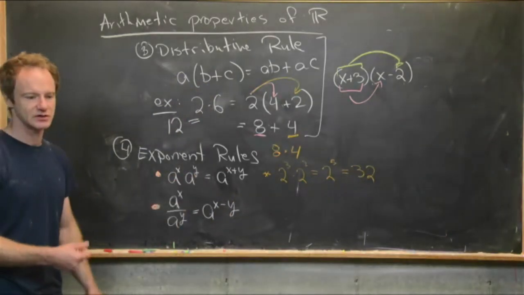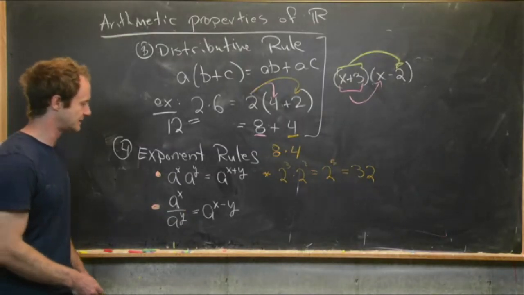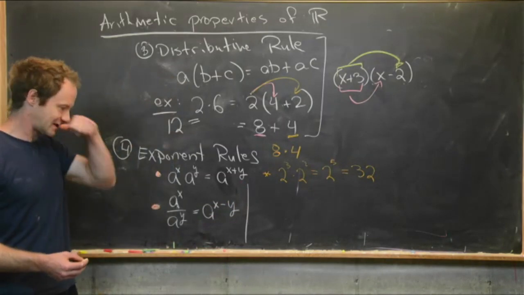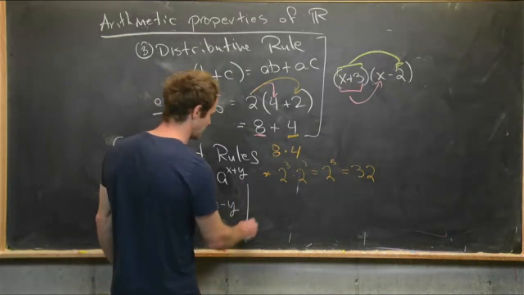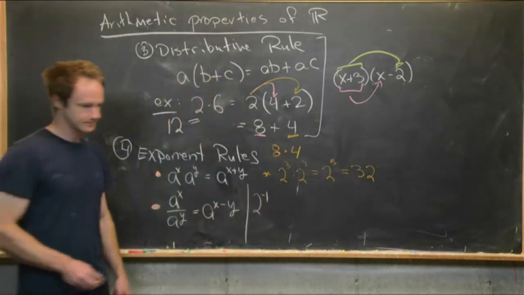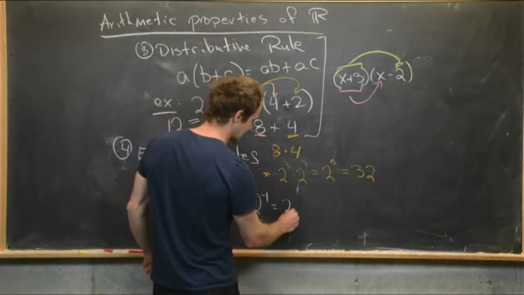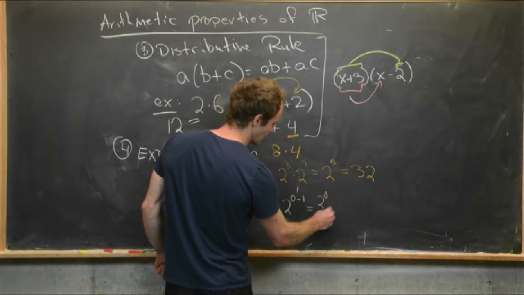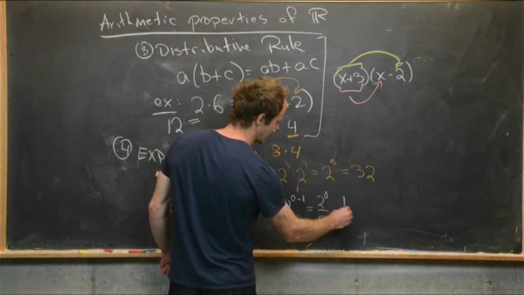Division turns into subtraction in the exponents. So maybe the most important thing to notice is that 2 to the negative 1 is the same thing as 2 to the 0 minus 1, which is 2 to the 0 over 2 to the 1, which is 1/2.